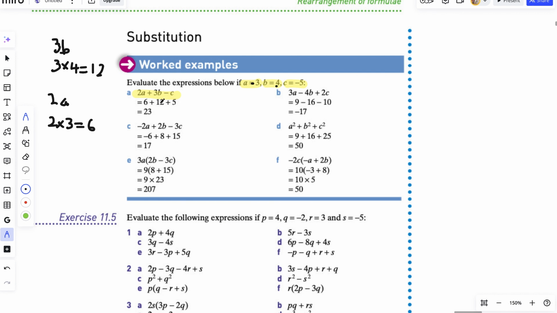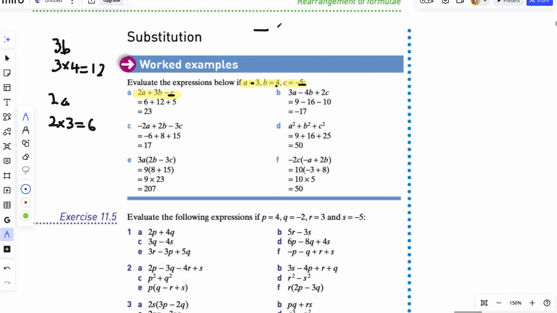The last one is minus c. Remember, c is minus 5. They gave you minus c, right? And c is minus 5. So we're going to have minus minus 5. Why? Because c itself is minus 5, and there is minus in the algebraic expression.